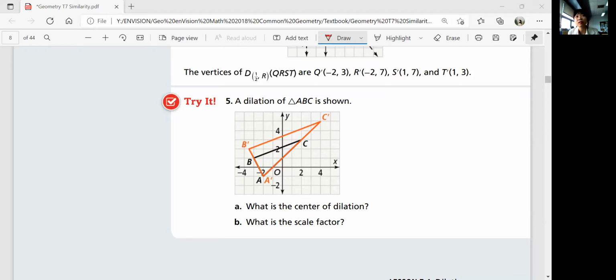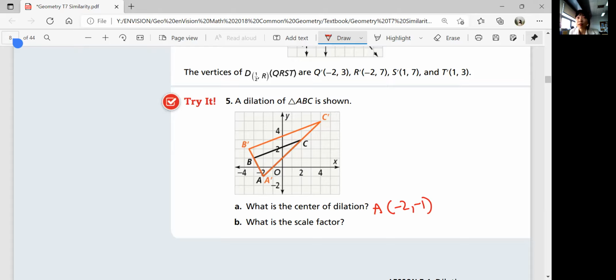And B's distance, C's distance move further away from A. Okay, that's the center of dilation. But what is your coordinate point of A? A is -2, -1, okay? Please specify your coordinate points. What is the scale factor? How do you know?